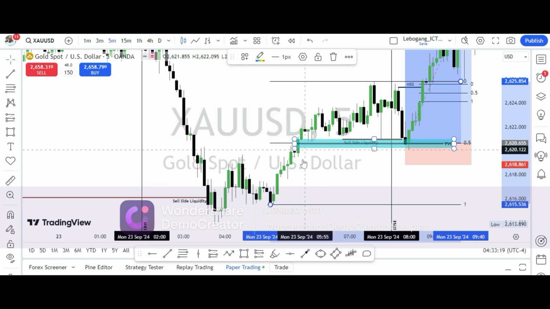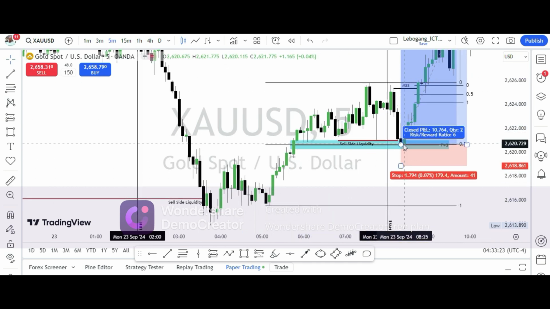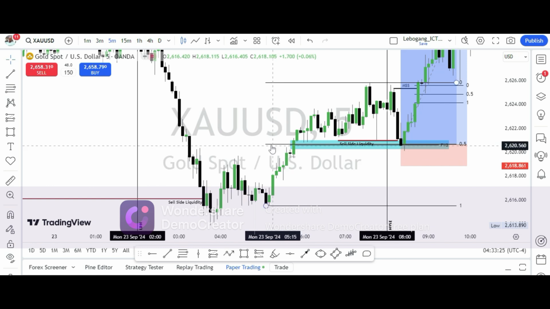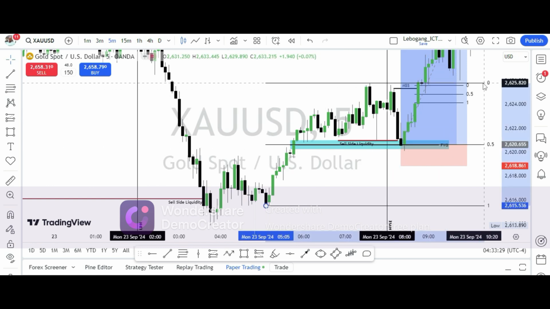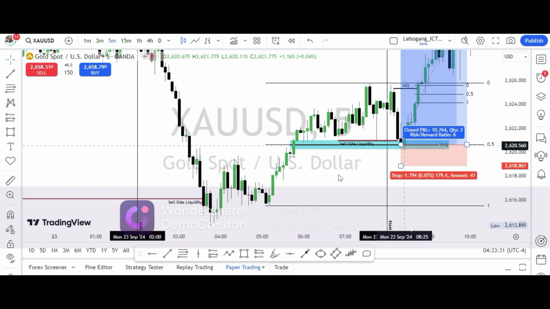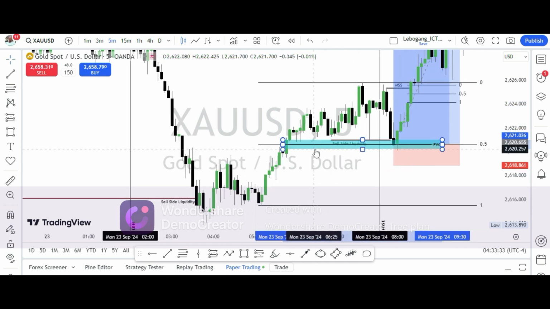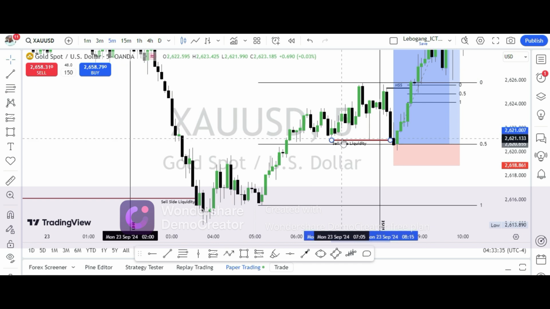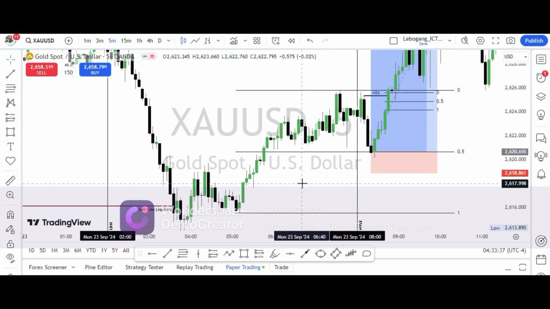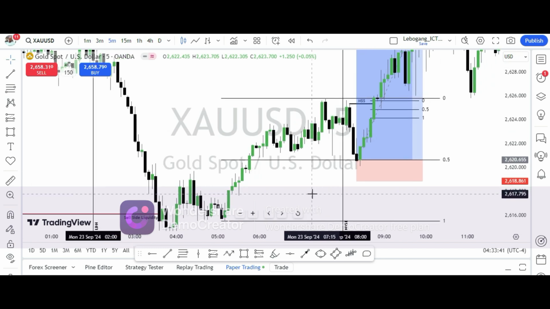So as we're looking at this low and this high, we even touched the 50% of this fair value gap. If you look at it properly, we touched the 50% of this fair value gap. Let me remove this. You can see it. This is the 50% of a fair value gap.